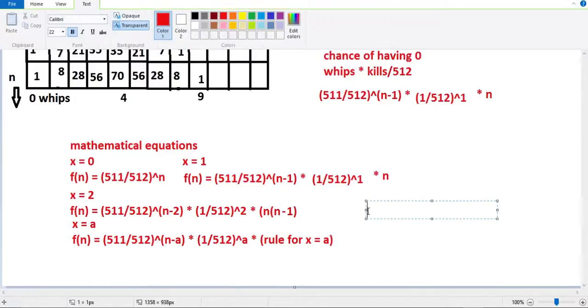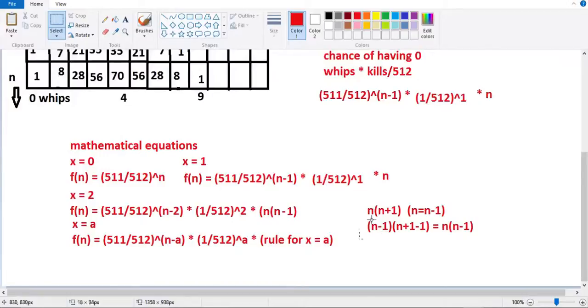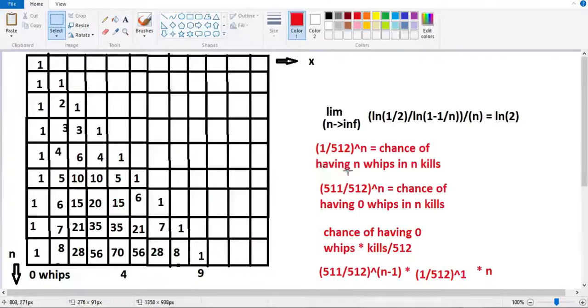Basically, if you have n plus 1, and then you change n equals n minus 1 instead, that's going to give you n minus 1 times n plus 1 minus 1 equals n times n minus 1. As you can see, because this is going to be n minus 1 times n, which is n times n minus 1. So there we go. That's how you prove it really quickly. And then it gets really tricky for the other one, so I won't even get into it.